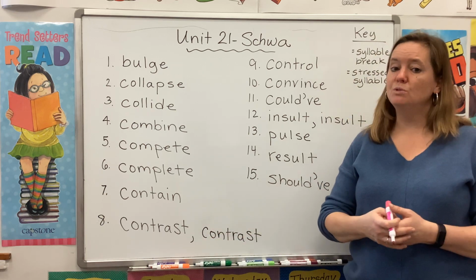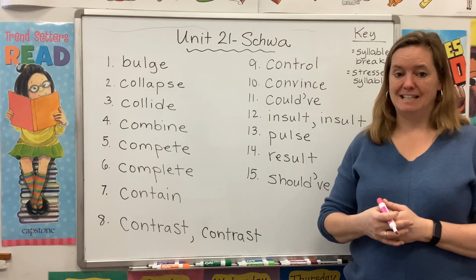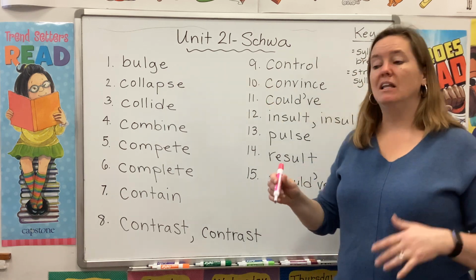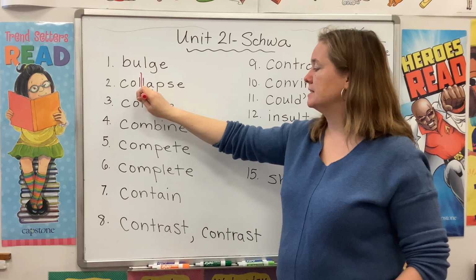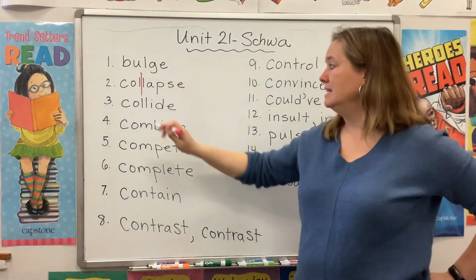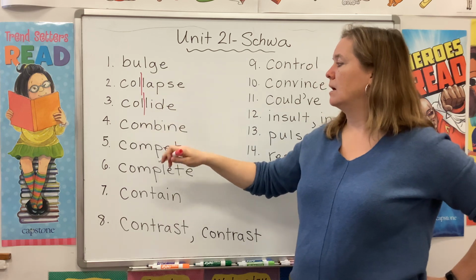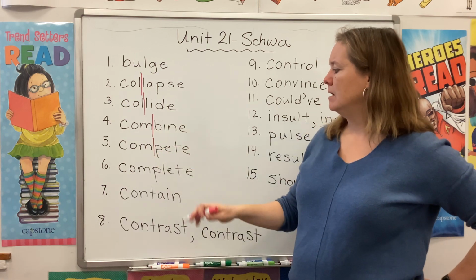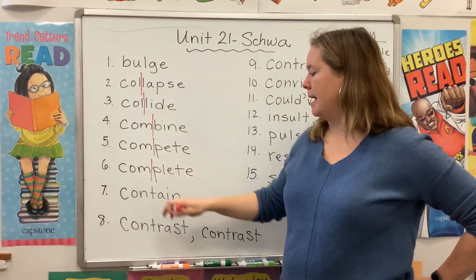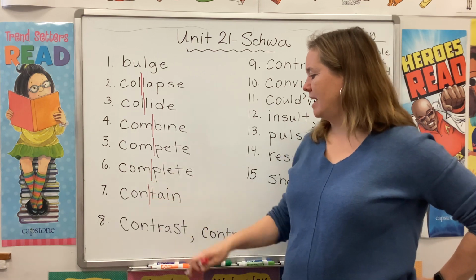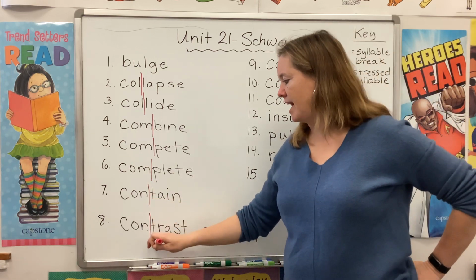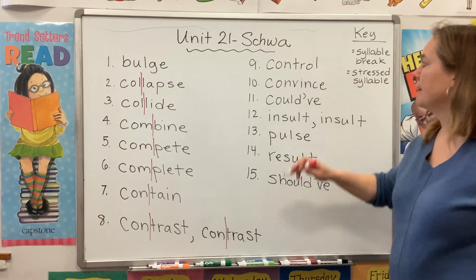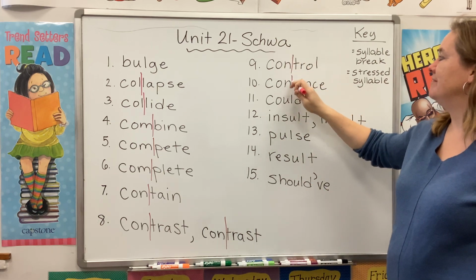So what I want you to do now is choose a color, and for all of our words that are two syllables, we're going to break them into syllables. Okay? So bulge we'll leave alone because that's one syllable. Collapse, we're going to slice it between the double L's. Collide, between the double L's. Combine, after the M, compete, after the M, complete, after the M, contain, after the N, contrast, after the N, contrast, slicing it in the same place after the N, control, convince.